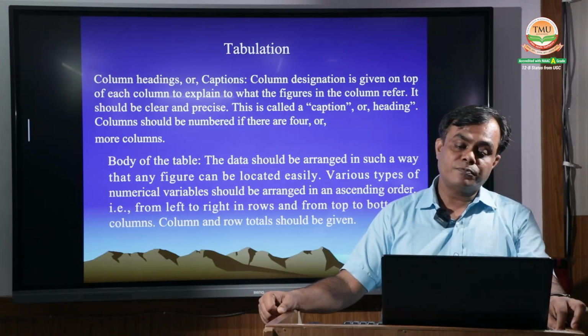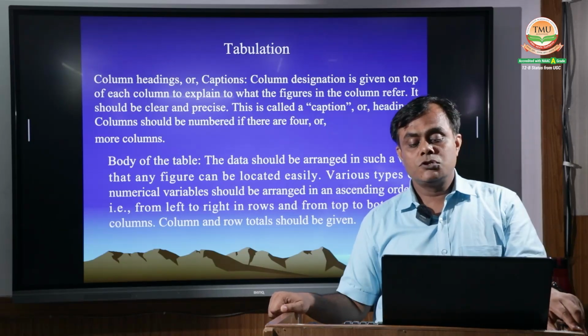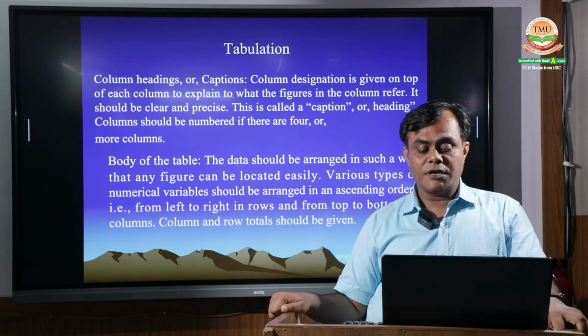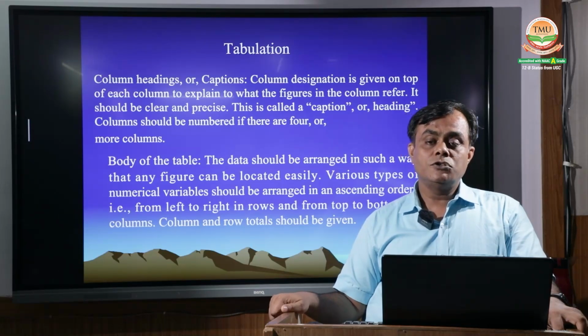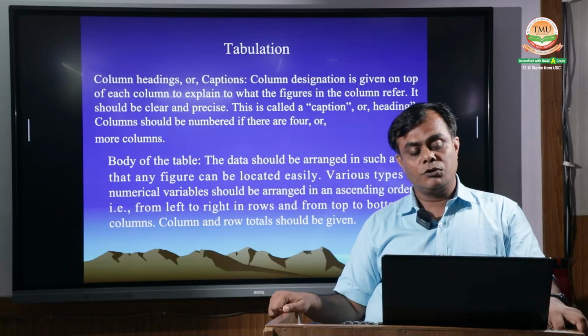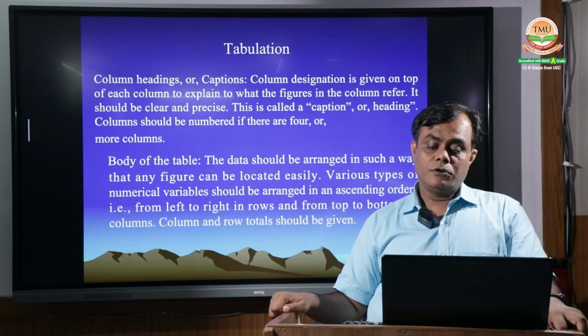And the next point is the body of the table. The data should be arranged in such a way that any figure can be located easily. Whatever information or figure you put in your table should be easy to locate.